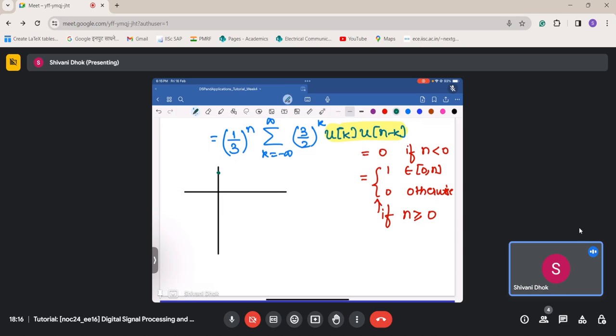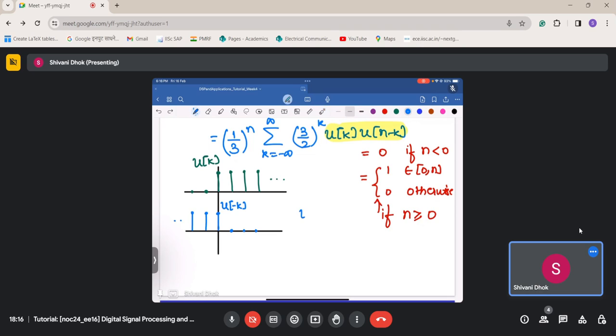So this u of k looks something like this, and this is 0 here. So this is u of k. And this u of minus k is simply the flipped version of this signal, which will be something like this. And how does u of n minus k look?